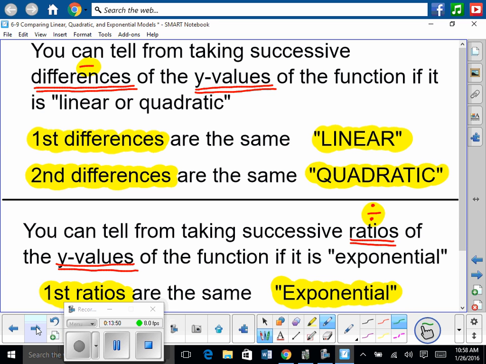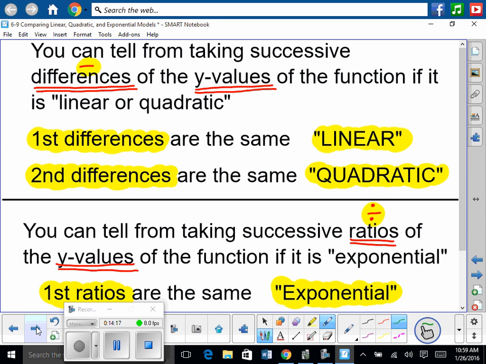And if you subtract them, and they're the same number every time after you've taken differences once, it's linear. Let's say you subtract your y values, and they're not the same. Then you're going to take those new values and subtract them again. And if you subtract them a second time, and they come out to be the same number, then it's quadratic, because you took differences twice to get the same number.